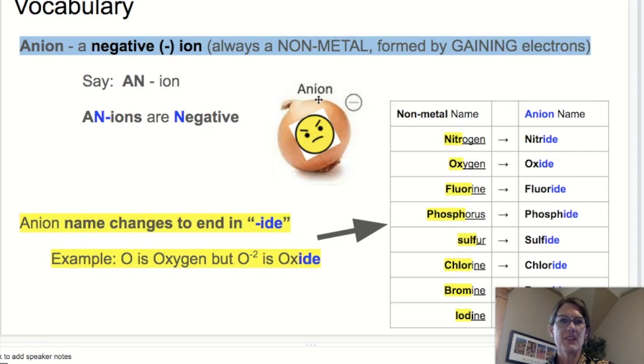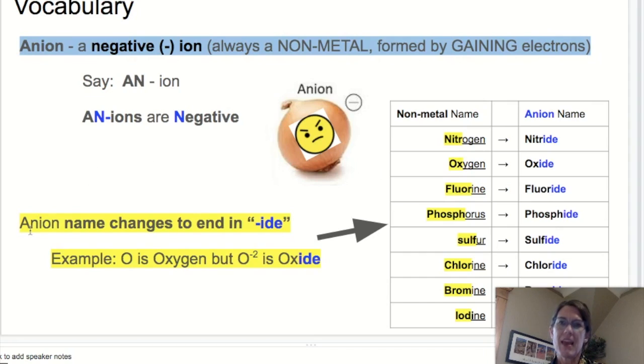And it looks like the word onion, and onions, some people, it makes you cry. So the word anion, looking like the word onion, can kind of help us remember that's the negative one. Anions are negative, but also the letter N in anion helps me remember. So everybody say anion, anion, one more time, anion. And anions are negative.